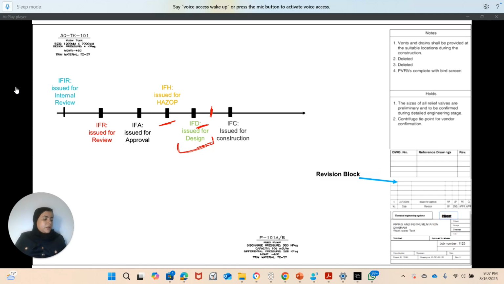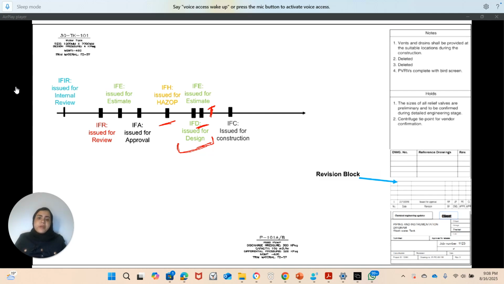Another thing I wanted to mention is that in most cases the client will require you to do cost estimation, and in this case the client will have some go and no-go economic gates, where they want to know from the cost estimation if they will go with the project, cancel the project, or keep the project on hold. In some cases it is required to do the IFE, where some engineering companies will issue the IFE for the cost estimation.